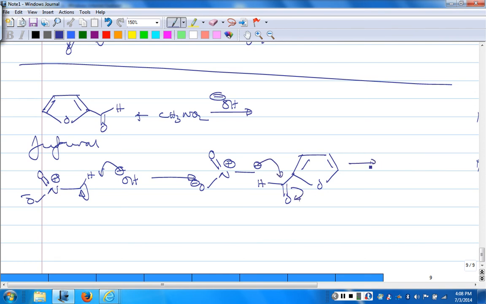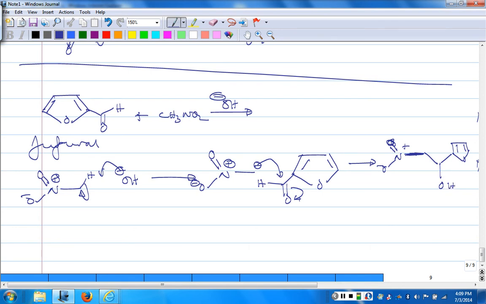So it will attack, and I will generate this entity: N double bond O, O minus, plus, single bond, C, OH, and then the O. I'll make that species. Okay? And so I've skipped a step because I should get O minus, and then I'm going to protonate the O minus, and I'm going to get that species.